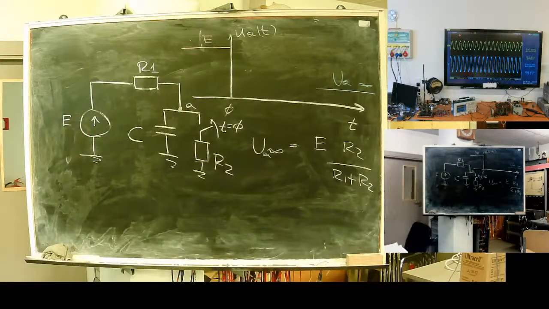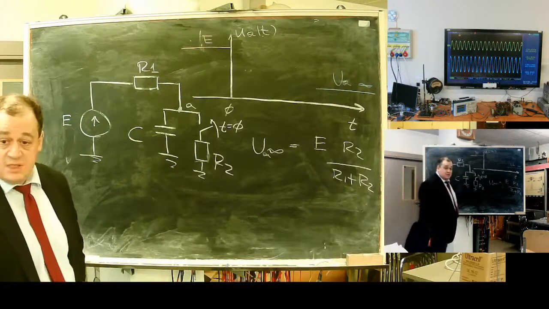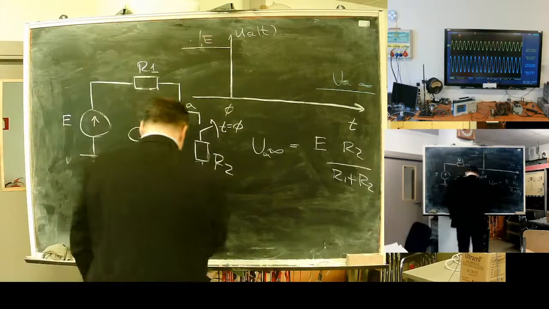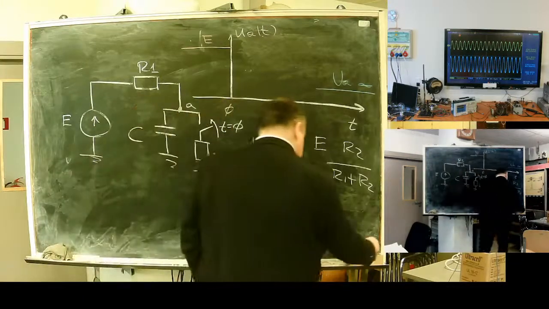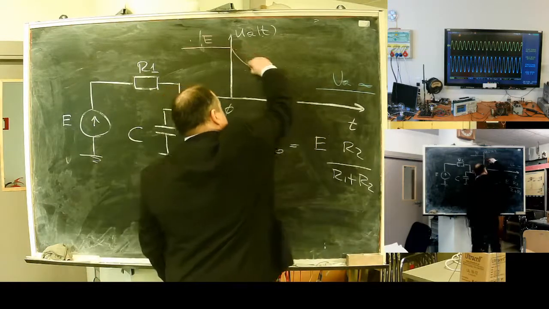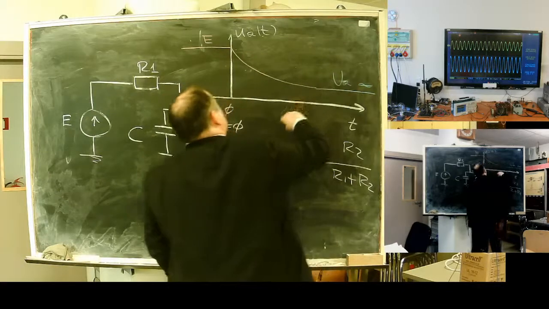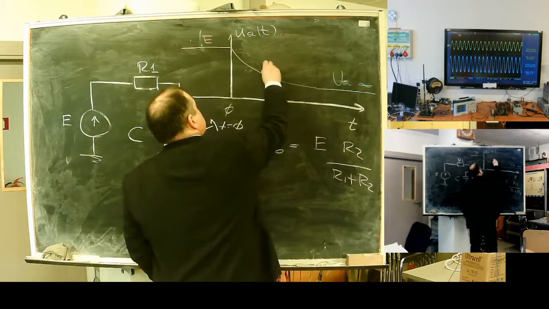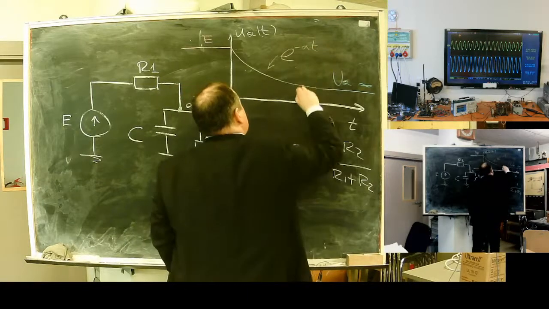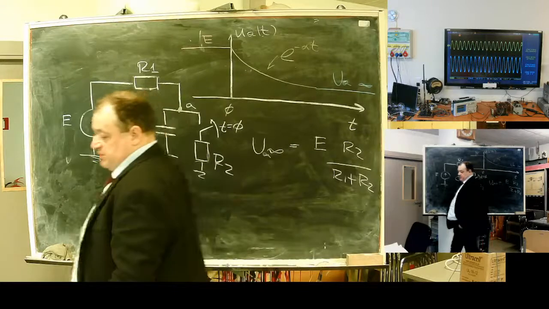And what will be between them? Between them, the capacitor discharges. Such plots can always be described as an exponent.